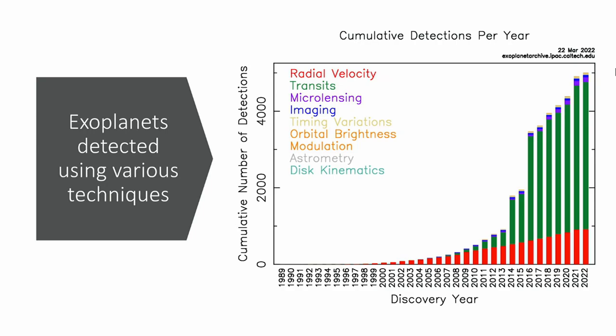For a while, the most common was the radial velocity method, but recently a couple of space telescopes have been launched that are very good at detecting exoplanet transits. You can see after those satellites launched, the green bars, which are the transit method, really exploded. And on the y-axis, you can see we've now detected thousands of different exoplanets.